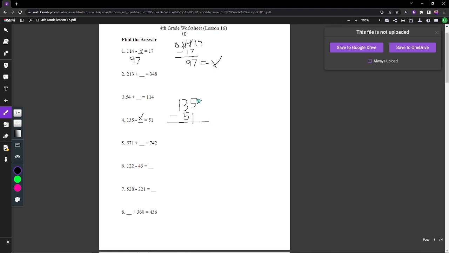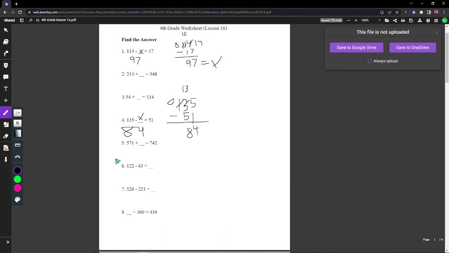Then you would do 135 minus 51. So 5 minus 1 is just 4. 13 minus 5, you don't really have to do this whole thing, but you can if you want. 13 minus 5 is 8, so that'd just be 84. So number 4 would be 84.